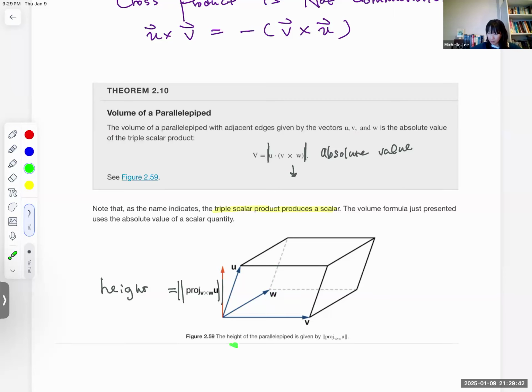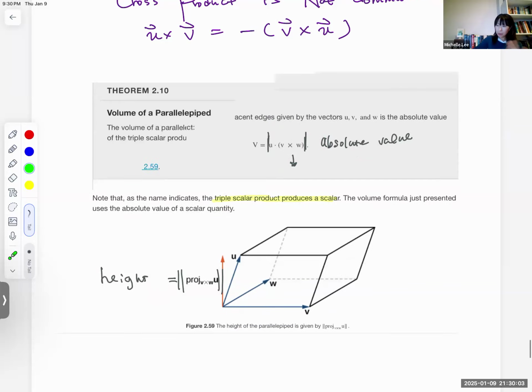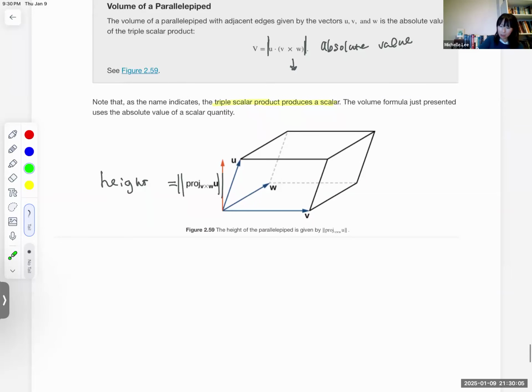Okay. Then they say the height of a parallelepiped is given by the magnitude. We talk about the length, so we take the magnitude, right? Okay. Let me prove this one, how we get the volume formula like this. So previously we had the magnitude of a projection of vector V onto U, right?